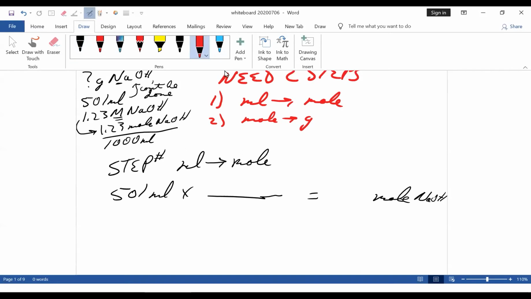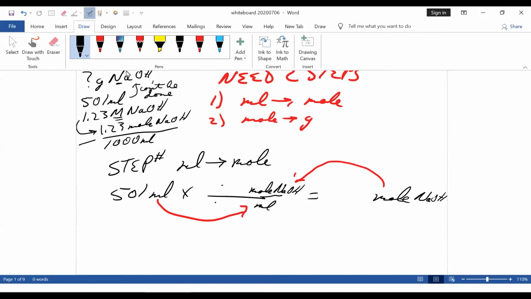And now we'll use our good buddy, our good friend. Whatever we're trying to get to goes on top. Whatever we're trying to get rid of goes underneath. I want to get moles NaOH, sodium hydroxide. I want to get milliliters down here. Where do I get these numbers?